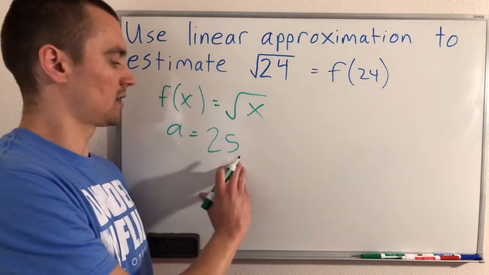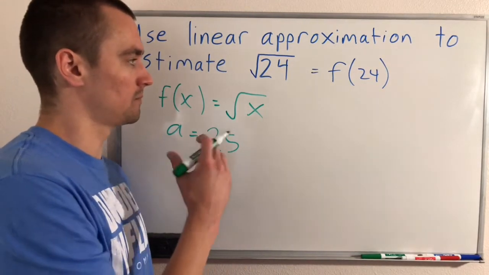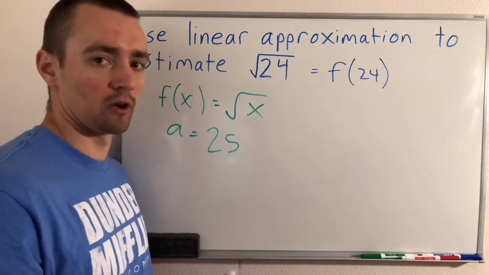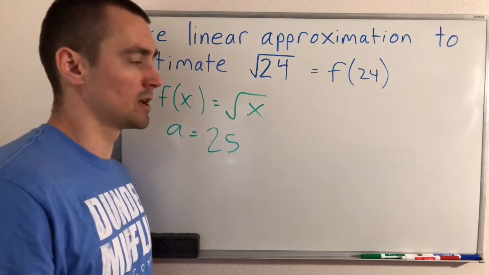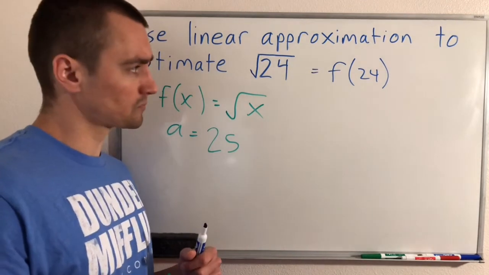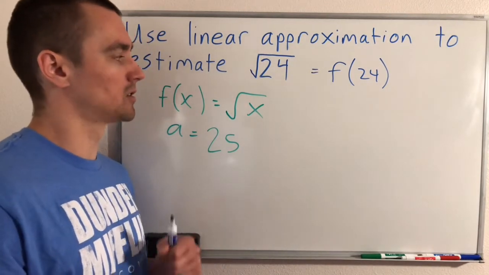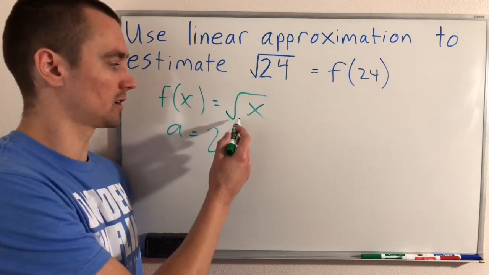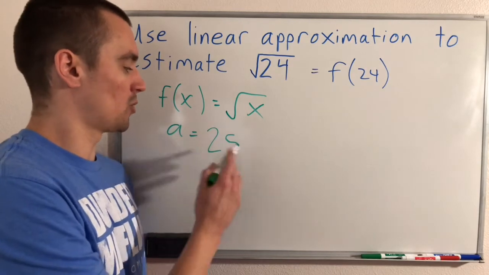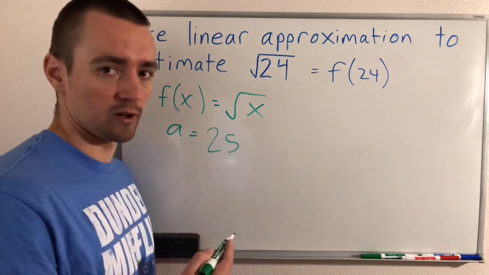So this would be the most logical pick for our a, because it gives us a nice integer number when we plug that into our function. So basically what we're doing is we are trying to find our linear approximation of our function f of x, which is the square root of x, around the point a equals 25.